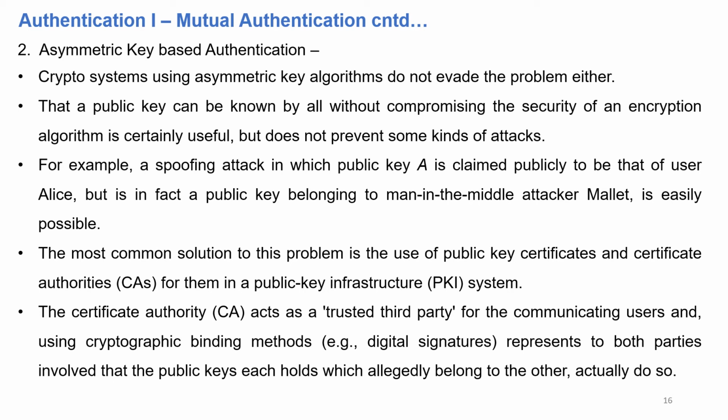Now this system is also susceptible to attacks. In asymmetric key based authentication, the most common attack is the spoofing attack or man in the middle attack. For example, in a spoofing attack, public key A, which is claimed to belong to a particular user Alice, might in fact belong to the man in the middle attacker, here named Mallet. So this problem may also occur in asymmetric key authentication.